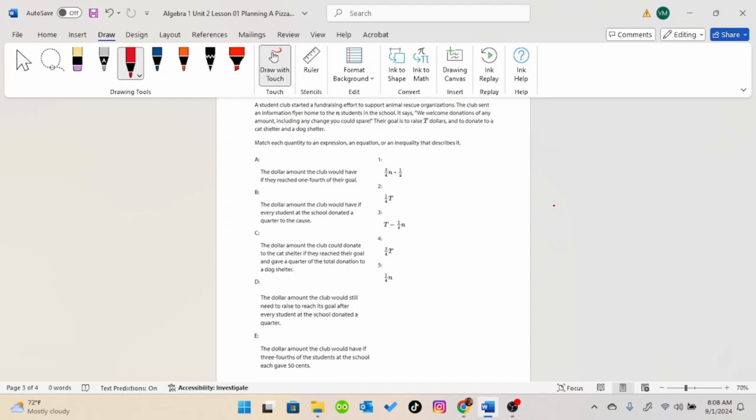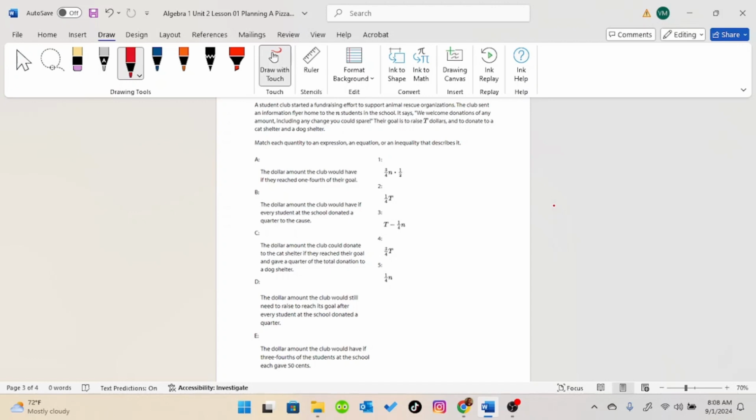It says, "We welcome donations of any amount, including any change you could spare." Their goal is to raise some unknown value T dollars and donate to a cat shelter and a dog shelter. "Match each quantity to an expression, an equation, or an inequality that describes it."